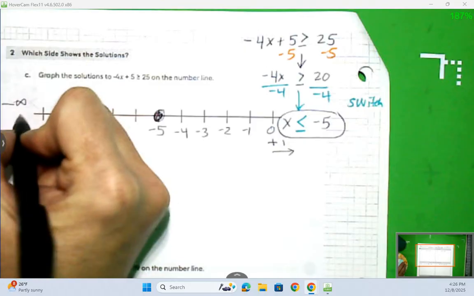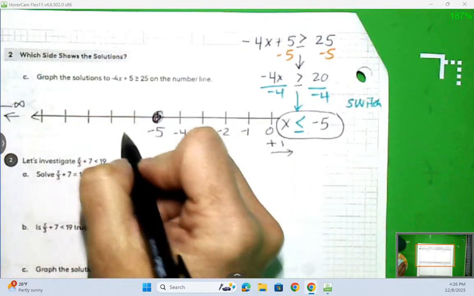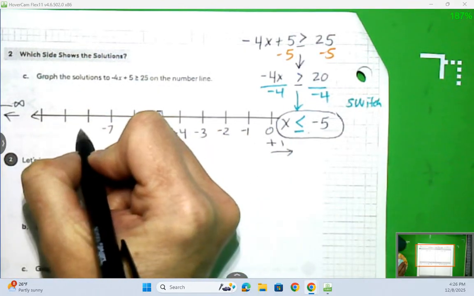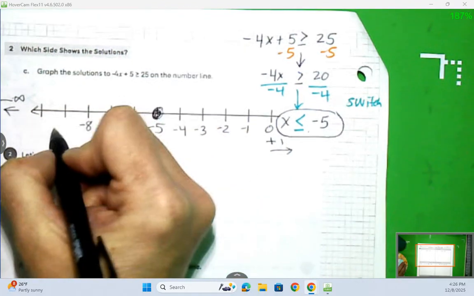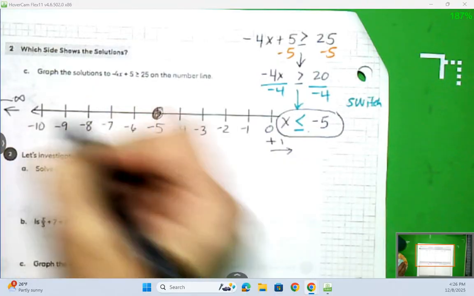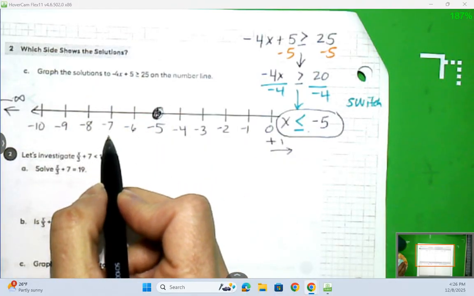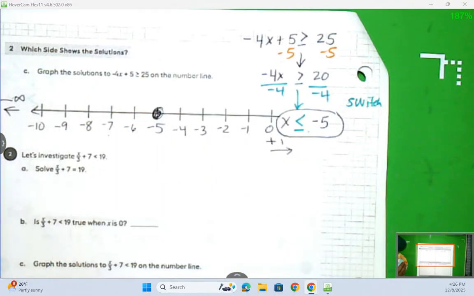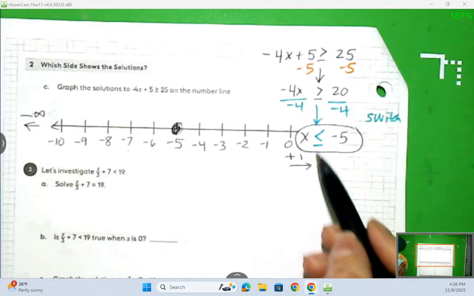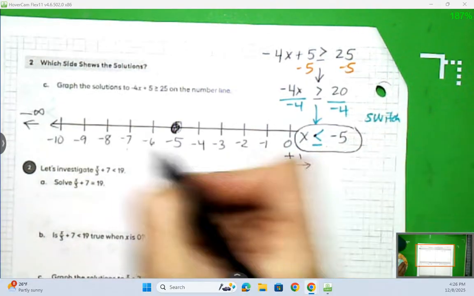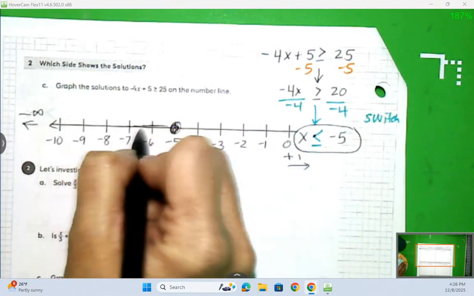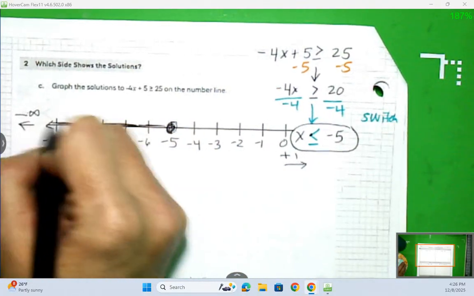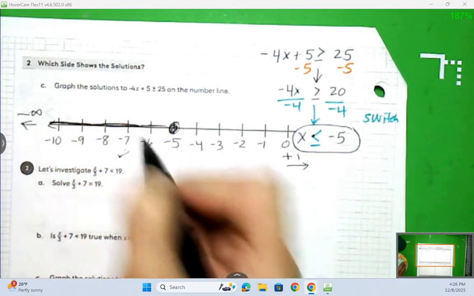In the negative infinity direction, we're going to have negative 6, negative 7, negative 8, negative 9, negative 10. We knew that negative 7 was a solution to our work, and x is less than or equal to negative 5. So we know that we're shading in the correct direction because we tested it for negative 7 as well.